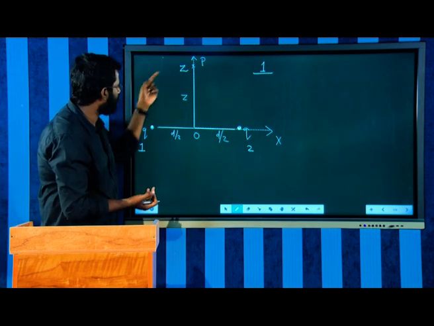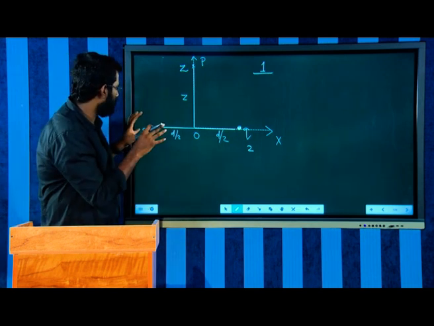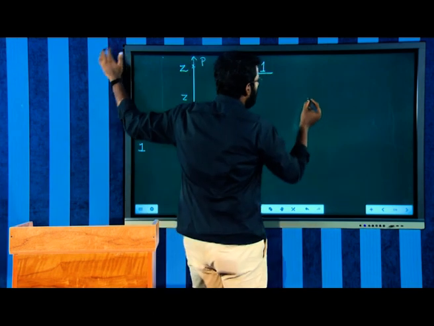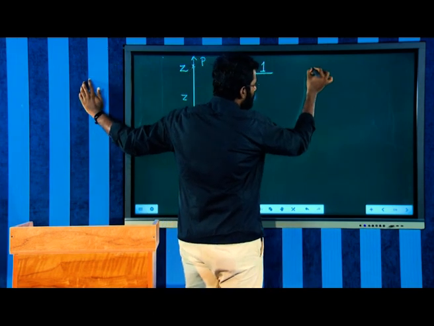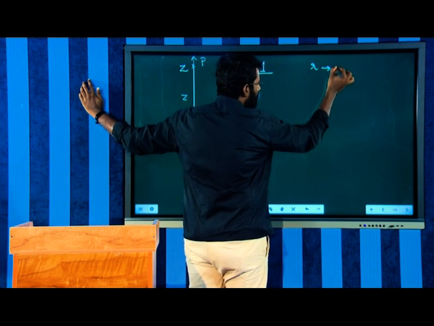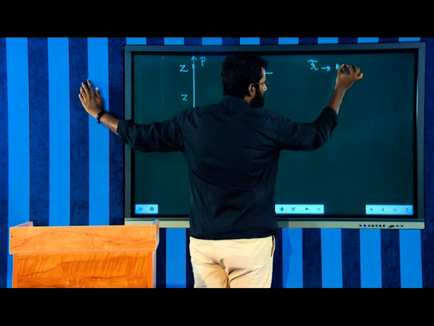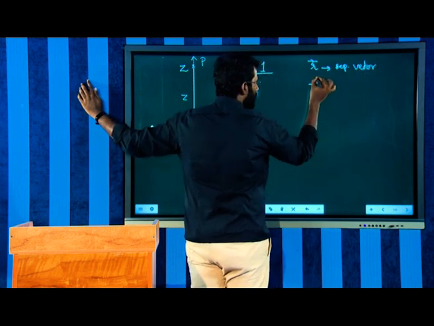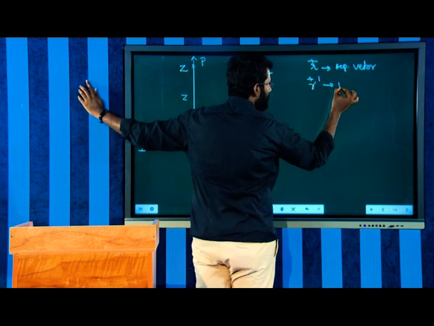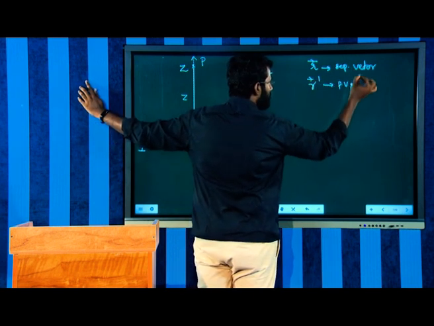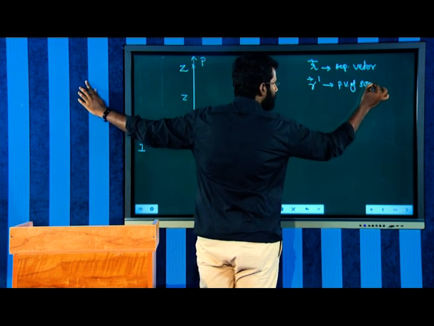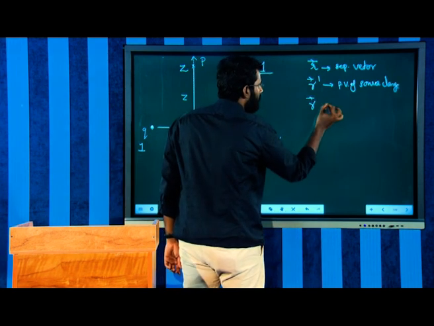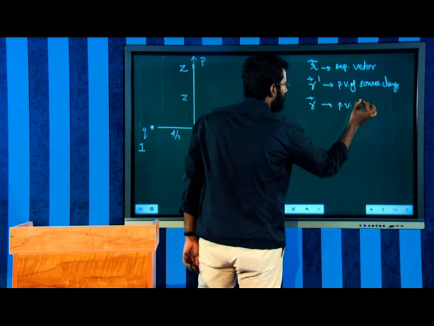But here the problem is we have to set up the r and r dash and everything. Now let me go back to that. We had something called curly r, that is the separation vector, and there is something called r dash, that is the position vector of the source charge, and we have some r, that is the position vector of the test charge.